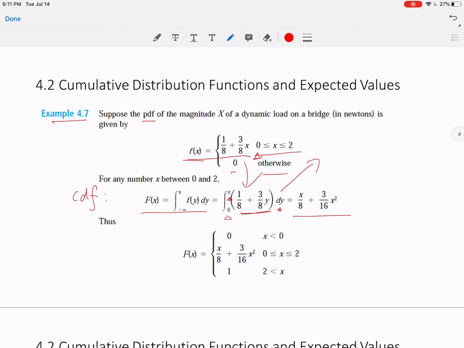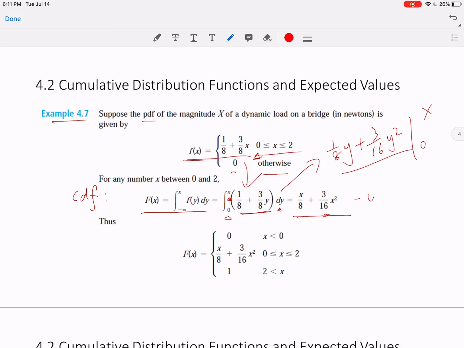Let's take a look at how to do the calculation here. What we need to do is just apply the power rule. So that would be 1 over 8 y plus 3 over 16 y squared, and then from 0 to x. If we plug x back into here, we're going to have x over 8 plus 3 over 16 x squared. And if we plug 0 back into here, we're going to get 0.